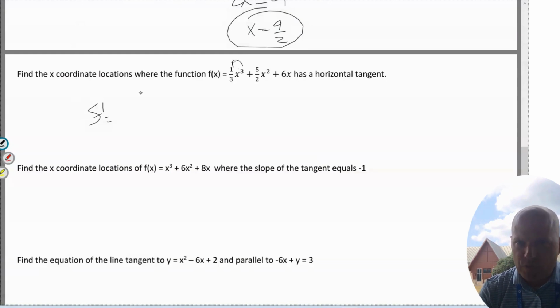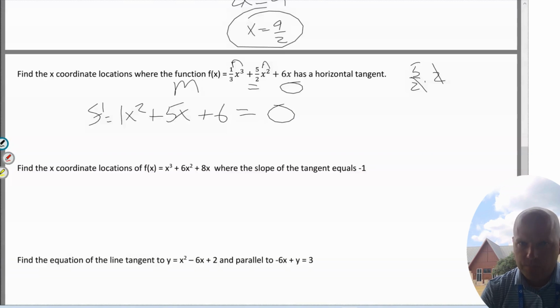If you bring down the 3 and multiply by a 1/3, it just becomes a 1. If you bring the 2 and multiply by 5/2, 5/2 times 2 is 10/2, or the 2's cancel, you get 5. And the slope of 6x is 6.